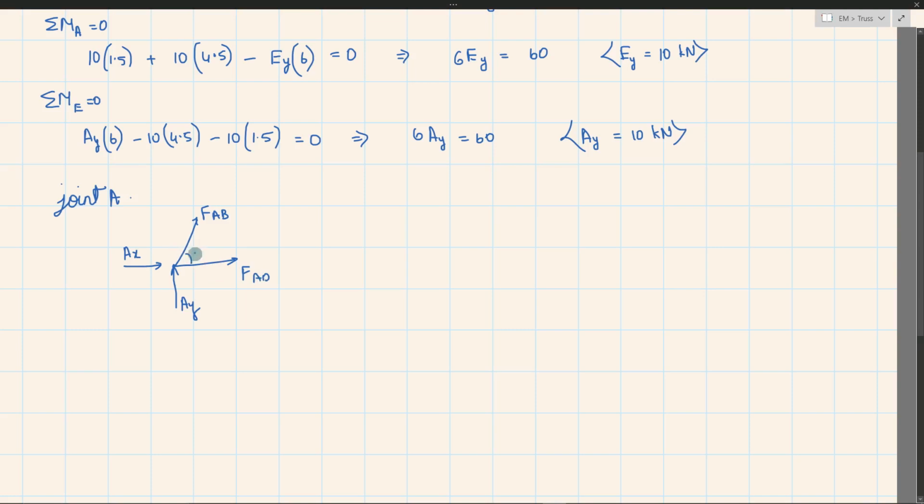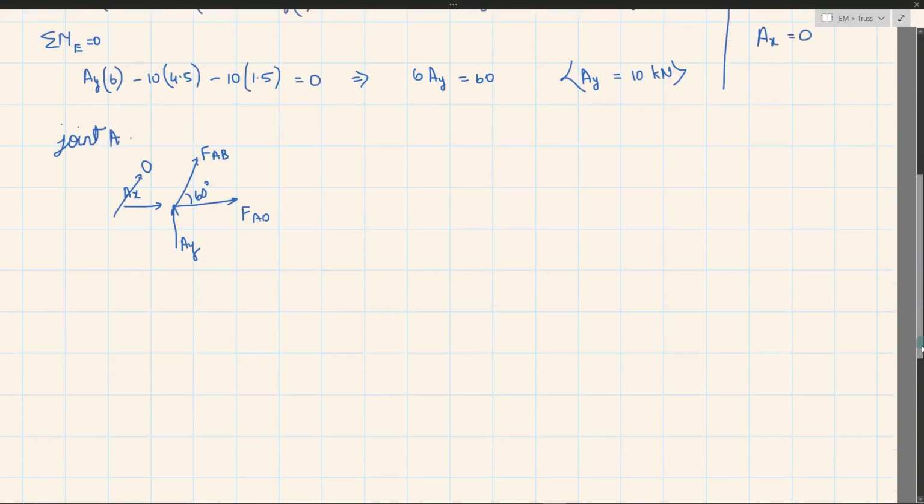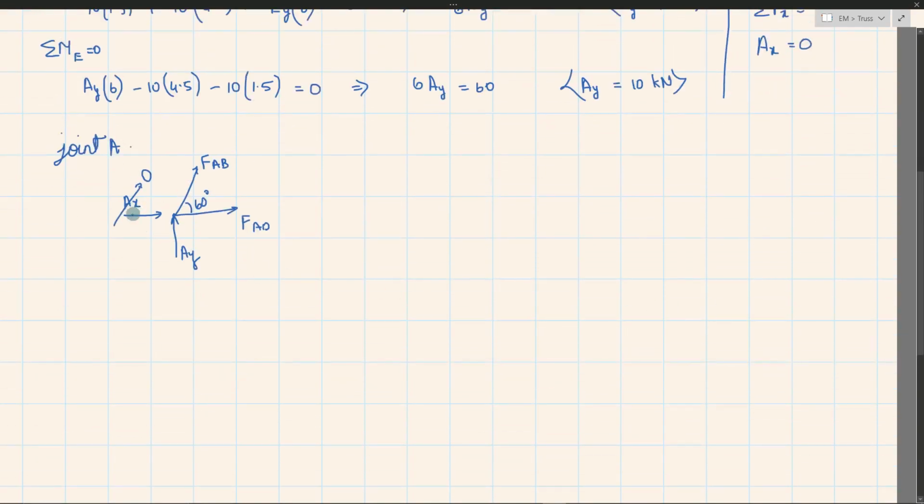So this angle is 60 degree, right? Sigma Fx will be equal to 0. Why? Because if I apply sigma Fx equal to 0 for the whole body, there are no horizontal forces, so AX will be equal to 0, right? So I can just neglect this.